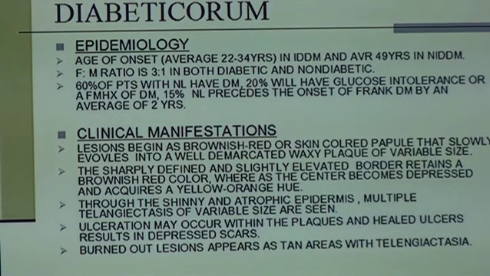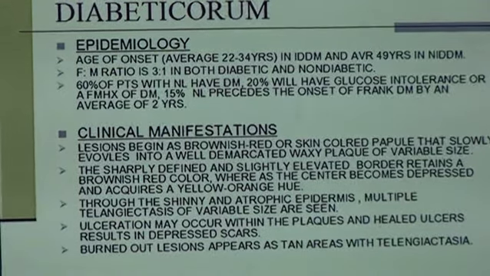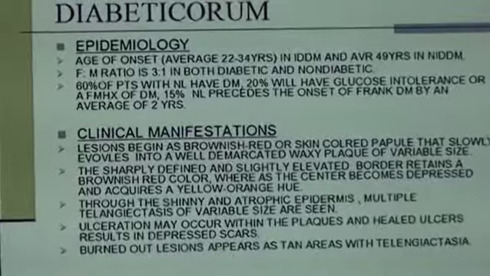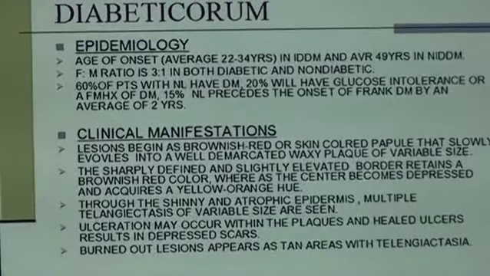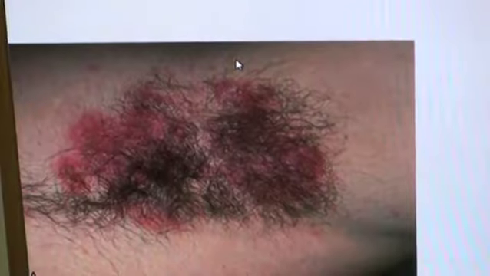Now, let me talk a little bit about this. This is a condition that is usually seen in patients in their midlife, like 50s, 60s. It's also known as Hailey-Hailey disease.